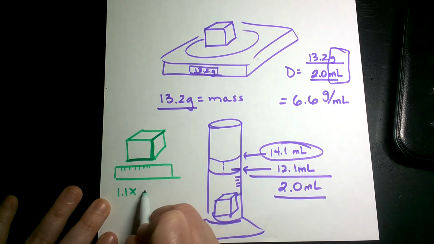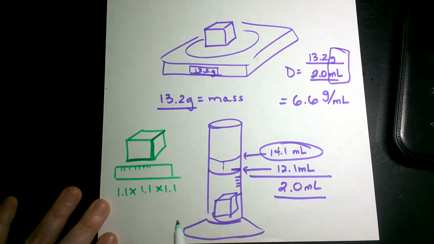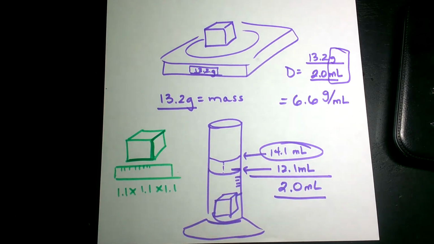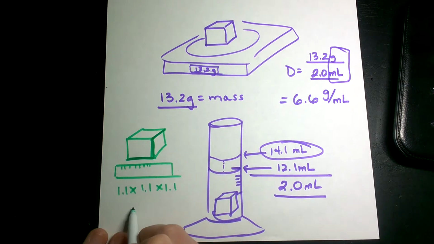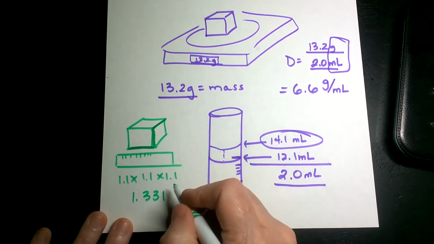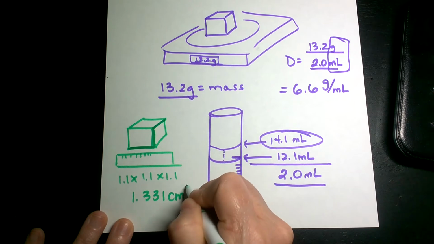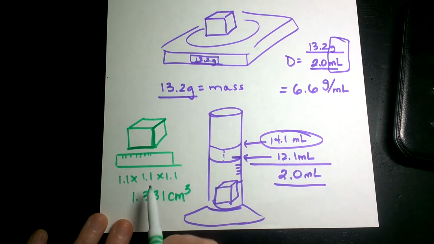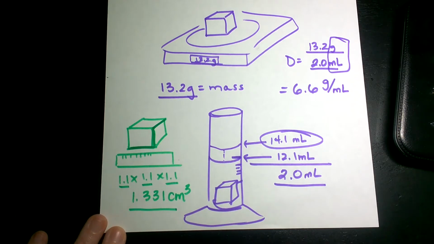I don't know what 1.1 times 1.1 times 1.1 is. I have no idea what that's going to be. I don't think it's going to be 2, obviously, but 1.1 times 1.1 times 1.1 should be 1.331. Okay, so that would be 1.331 centimeters cubed. So length times width times height. All right, so that is another way to find volume.